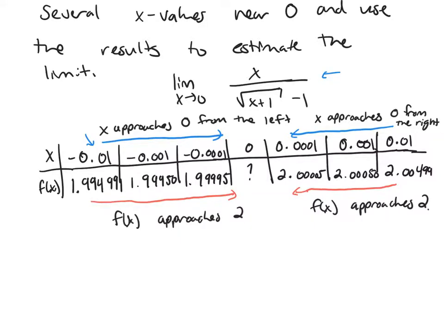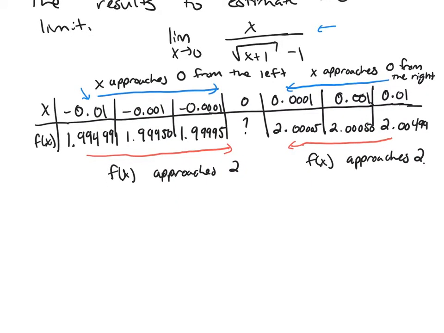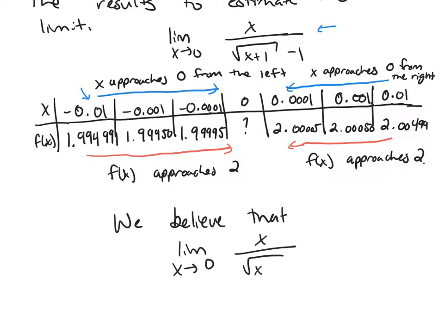So our guess, based on this table, is that we believe the limit is 2. So we believe that the limit as x goes to 0 of our function is 2.